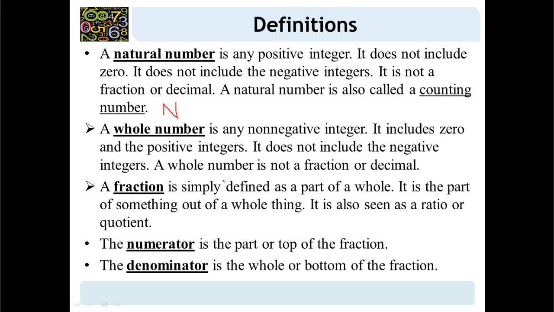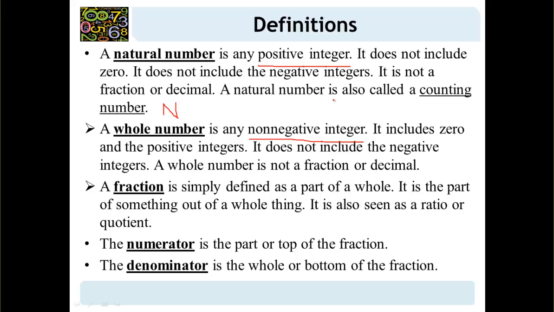The whole number is any non-negative integer. Now, can you tell the difference between positive integer and non-negative integer? Positive integer does not include 0. It includes all the positive integers, but it does not include 0.